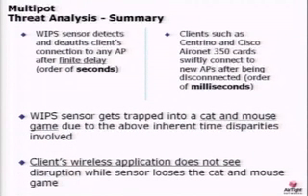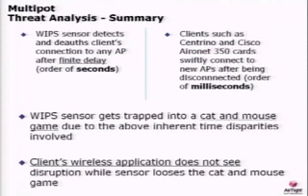So summarizing the threat analysis we have done so far, a WIP sensor has a certain finite delay associated with it in determining a new connection, and that is of the order of seconds. However, certain fast clients such as Centrino and Cisco 350 reconnect with an AP, and this is of the order of milliseconds.